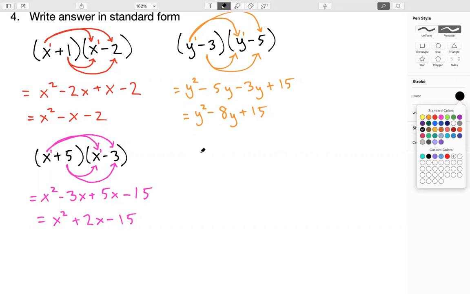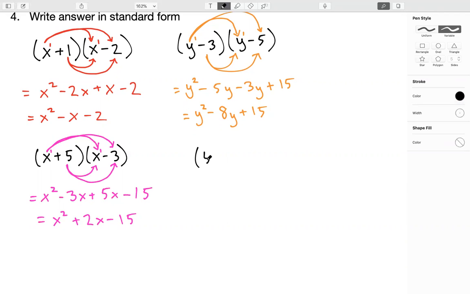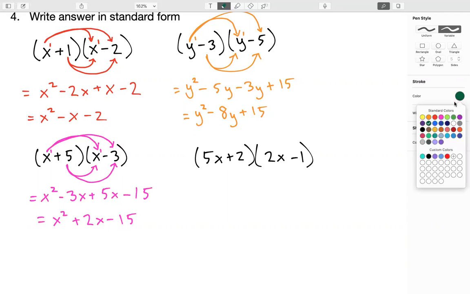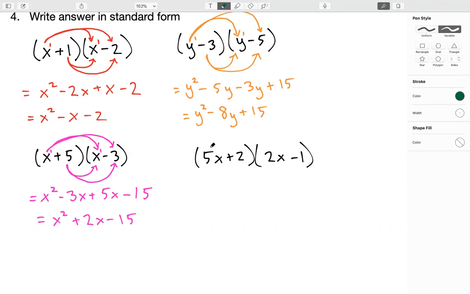Let's try one with some more coefficients. 5x plus 2 times the quantity 2x minus 1. Now before you get all twisted in a knot here, just remember what we did in our last lesson and our rules about double distribution. 5x times 2x.